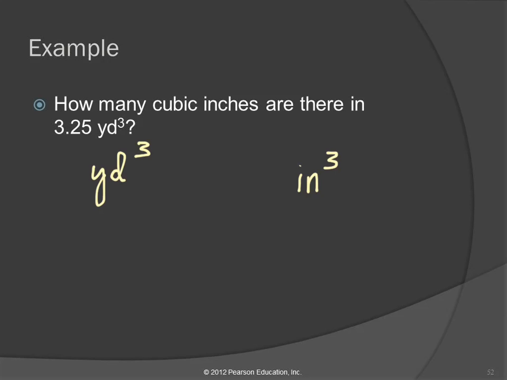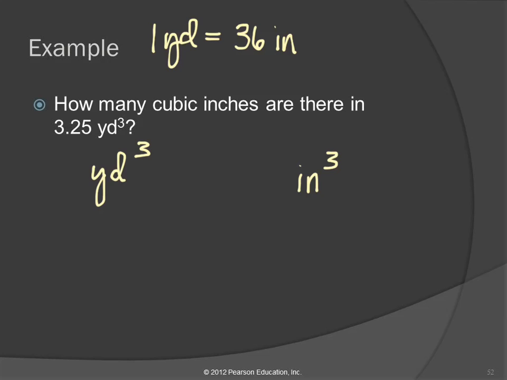So to identify the conversion factor we need, ignore the cube. What's the relationship between yards and inches? 1 yard is 36 inches. Now, if you didn't remember that, but you remembered 3 feet in a yard, 12 inches in a foot, you could do 2 steps in here.